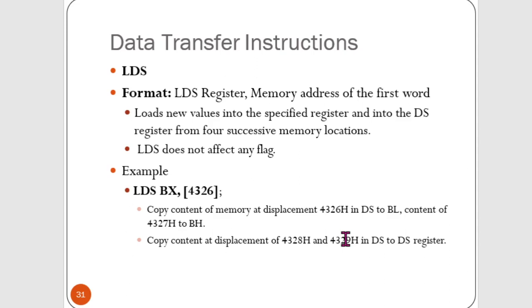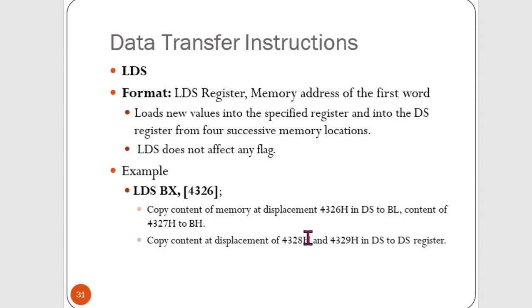Similarly, the LDS instruction. The LDS instruction is register comma memory. So you can load the address of a data segment register as well as the register mentioned in the instruction from memory. As you can see in the example here, LDS BX comma 432X. It copies the content of the memory at displacement 432X to BL and the next content to BH.